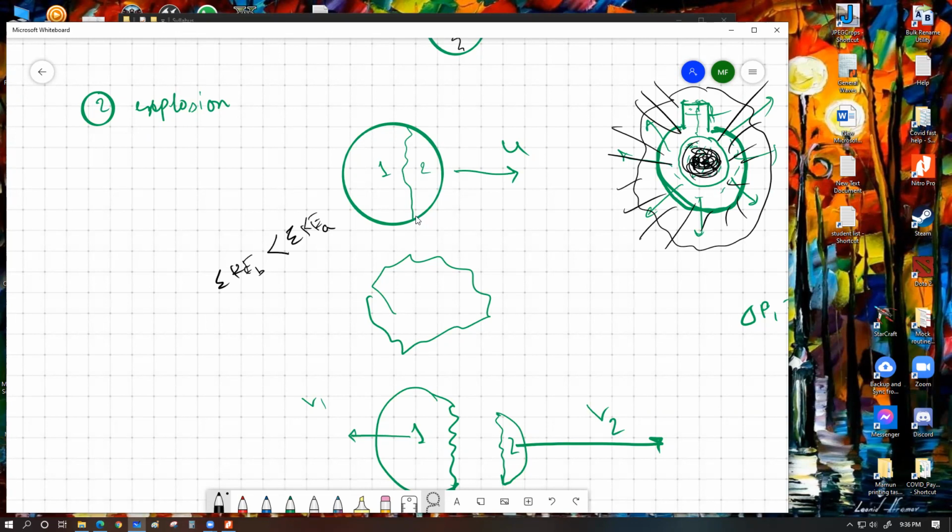Think about it. Even if you consider molecules colliding with molecules, there is always some amount of deformation within the bond. And whenever deformation is there, there is heat production. So why does the heat produce?